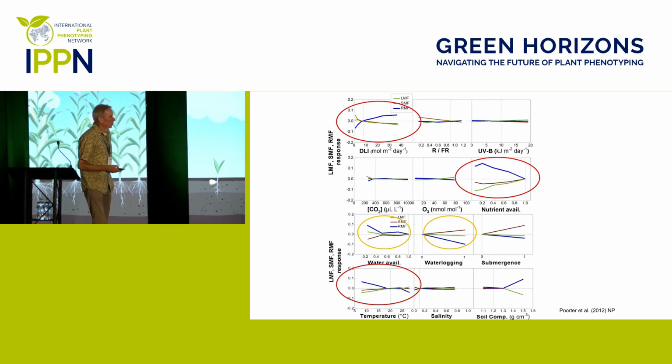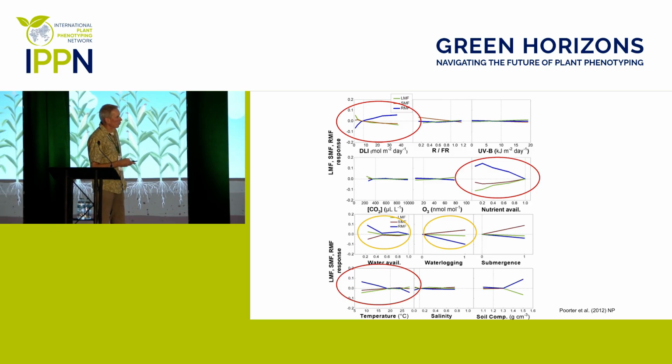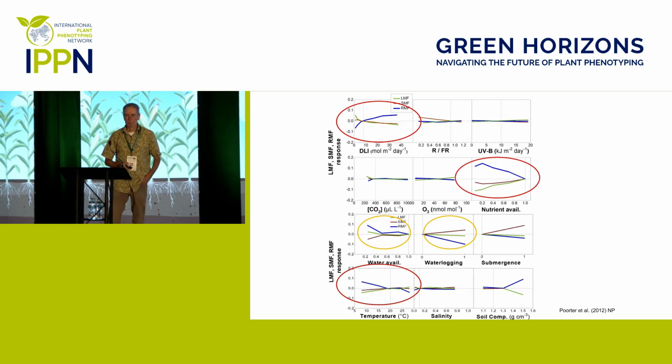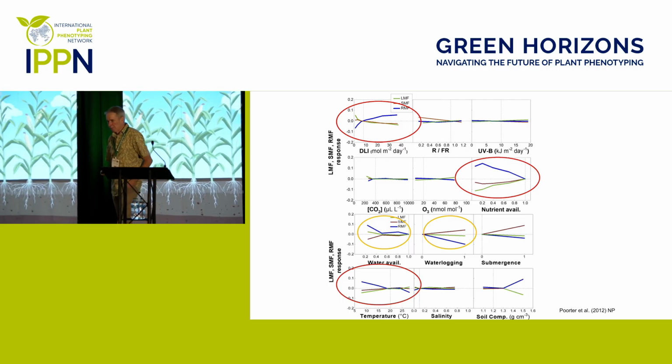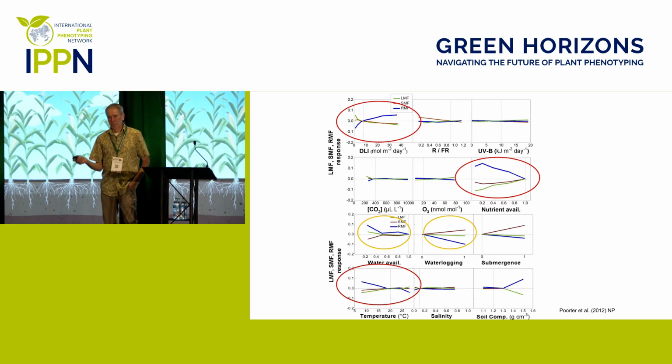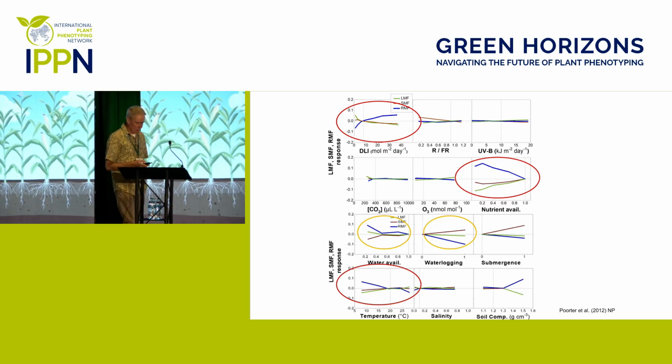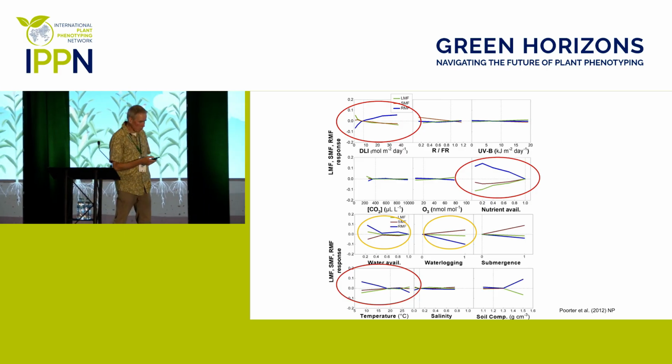Then we have a few cases, in water availability and waterlogging, where we see a kind of intermediate response, and the rest is either responding less or not responding at all. So nutrients, light and temperature are the three treatments that change root mass fraction the most.